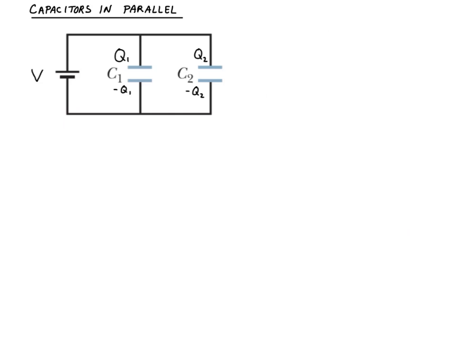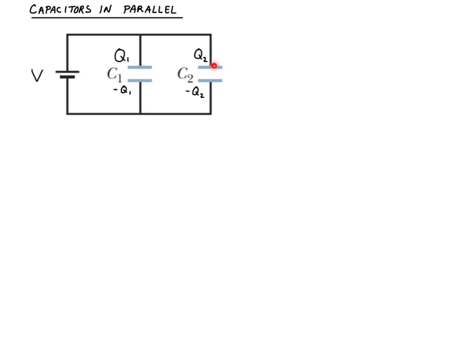So let's look at what happens when you put capacitors in parallel. What we mean is, if we have a circuit with two capacitors, C1 and C2, and we put them such that they see the same voltage from the battery, V. They will have different charges because the capacitances are different. So C1 will have charge Q1 and C2 will have charge Q2.